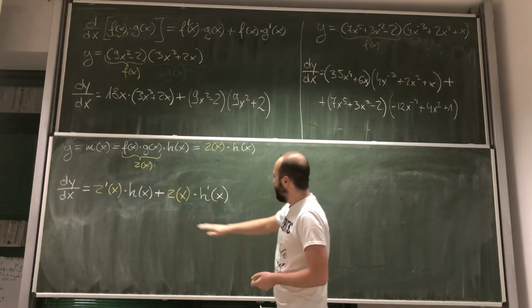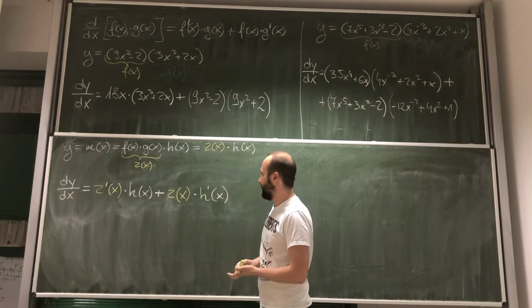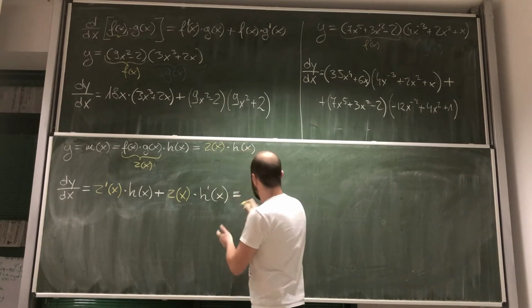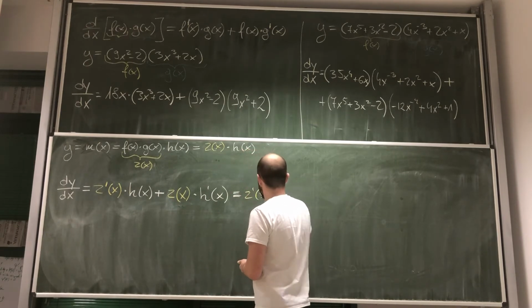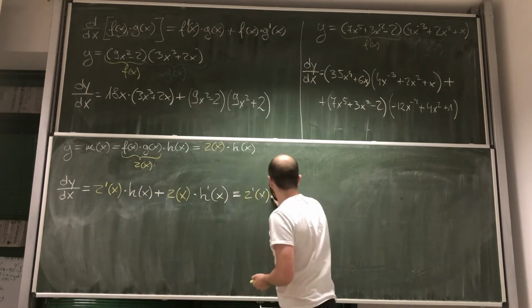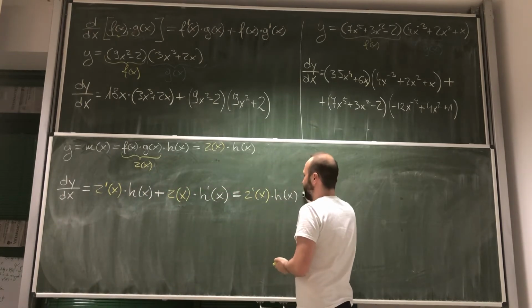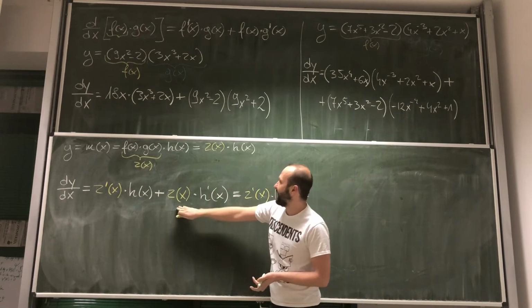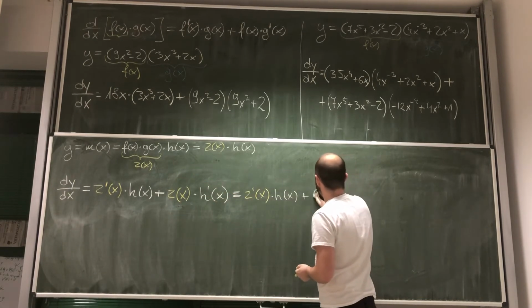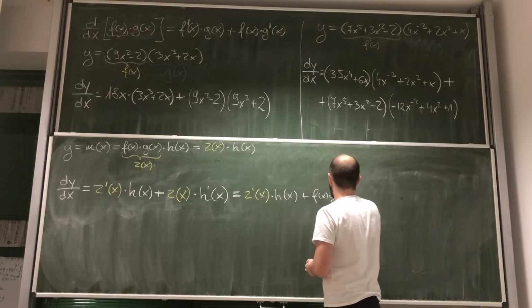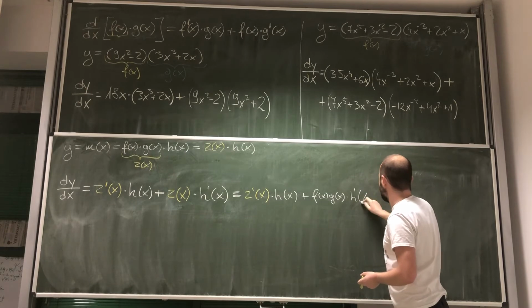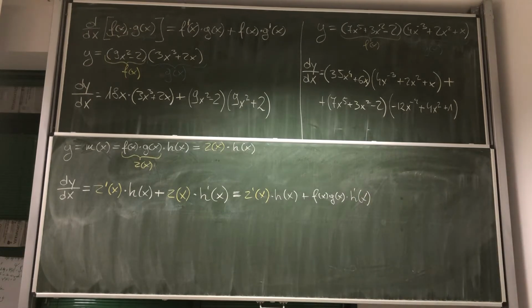We already know how much this is. We'll have z prime of x times h of x plus, and we know that z of x is equal to f of x times g of x, and now I just need to multiply it by h prime of x. So what do we not know?